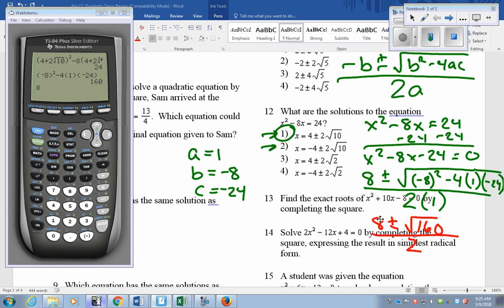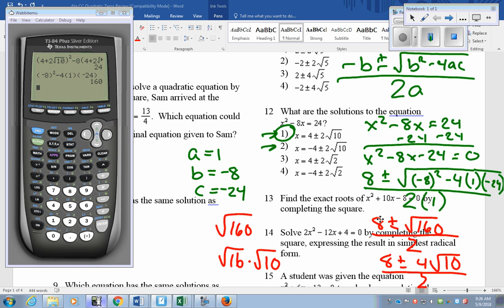One that stands out for me for 160 is 16 and 10, because 16 is a perfect square of the number 4. So I reduce that radical. Now I have to divide the whole numbers, 8 and 4, by 2. If I divide 8 by 2, I get 4, and 4 divided by 2, I get 2. So that's the reason why that answer, again, is choice 1.